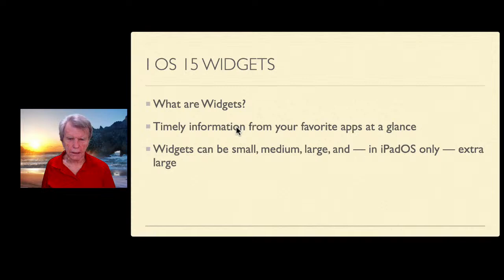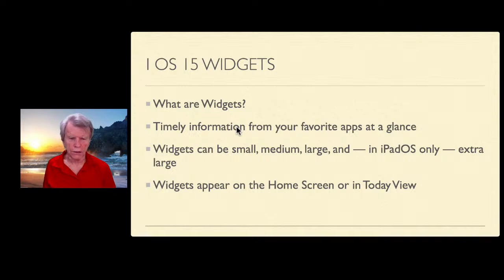And widgets, again, can be in several different sizes. They can appear in the home screen or in the Today view, which we'll show you a little later. And in macOS, they are in the notification center in the upper right.